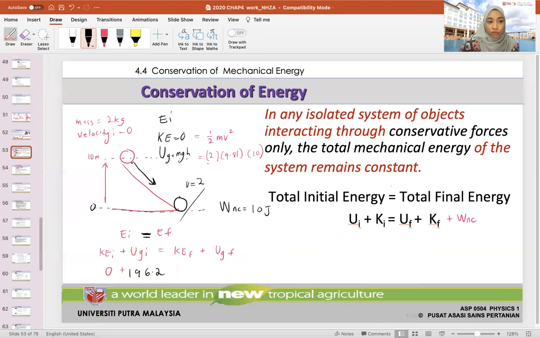Incline kita tak smooth. Okay, so I write down my KE is equal to 0 sebab kita start velocity 0, right? And my UG is 196.2. We started at a height which is 10, so I calculate that and it is equal to 196.2.